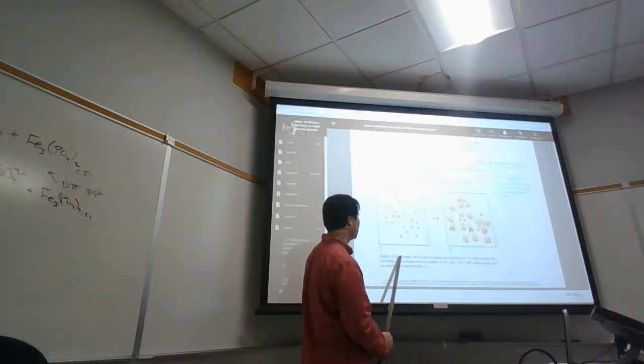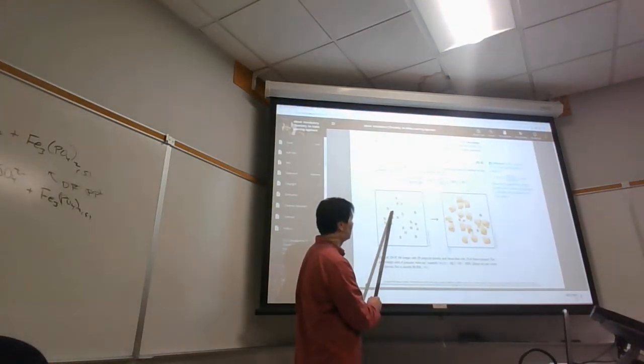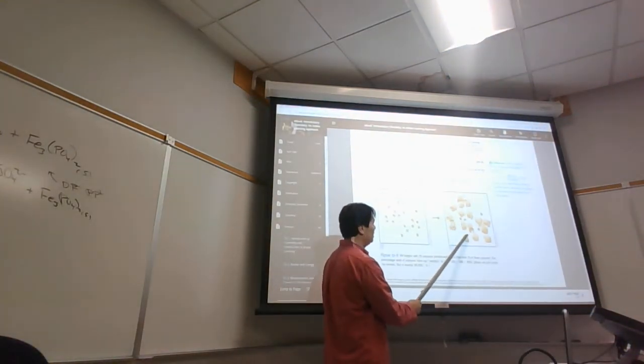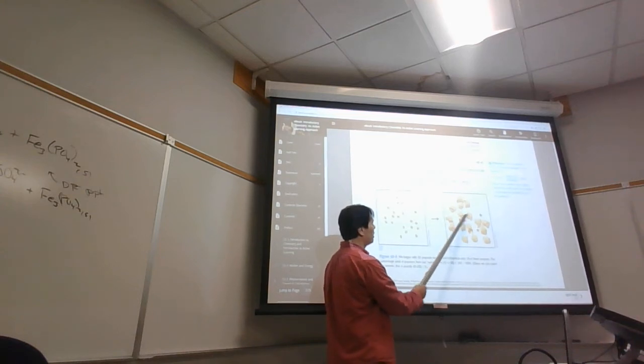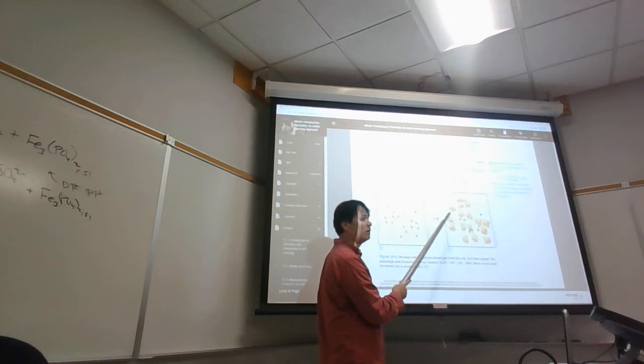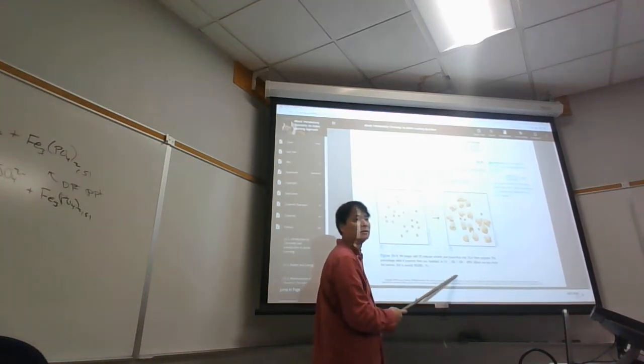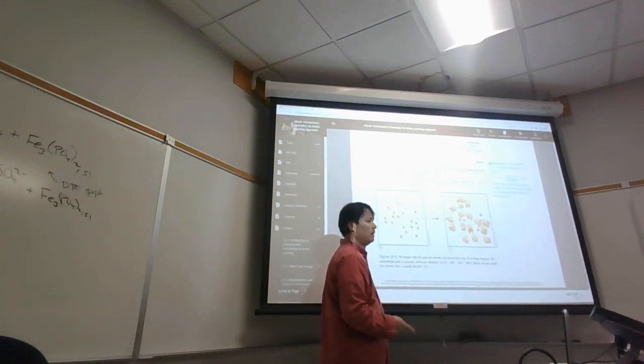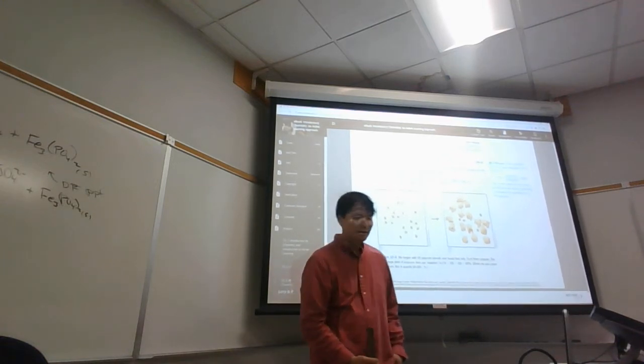And so in this case, they started with 20, and they ended up with 16 popped and 4 unpopped. And so what yield is that? Well, that's 16 out of a theoretical of 20, which gives us 80% yield. Does that make sense? The same thing happens in chemistry.